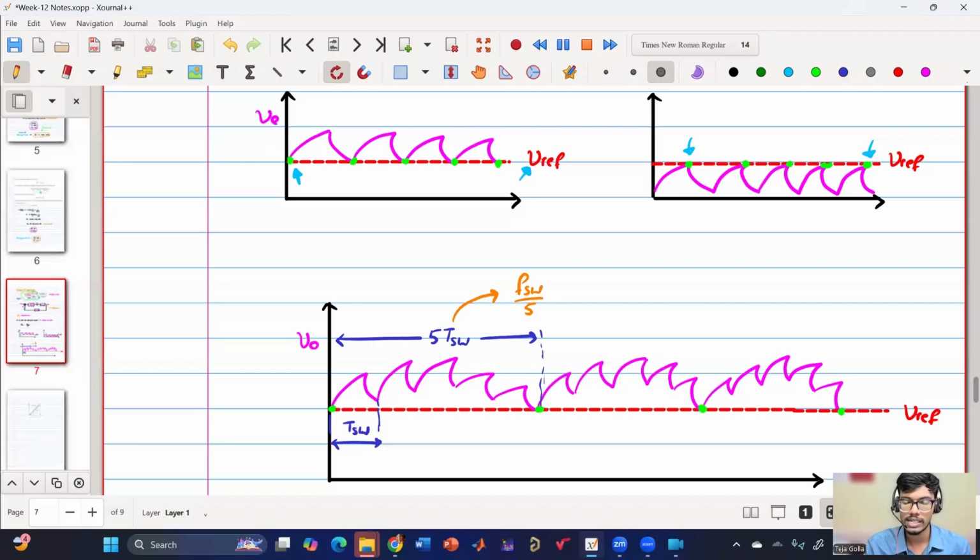So that's why it is called subharmonic. Harmonics are integer multiples of FSW, like 3 FSW, 5 FSW, they are harmonics. But a fraction of the switching frequency is called subharmonic. So that's why it is called subharmonic oscillation, because it's an oscillation.